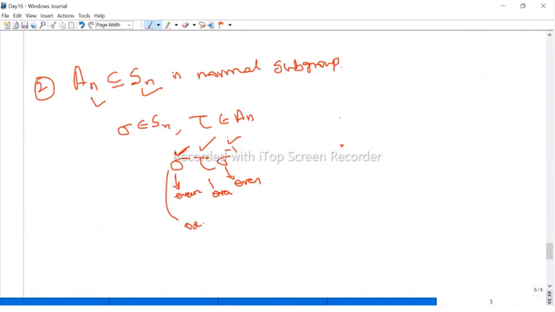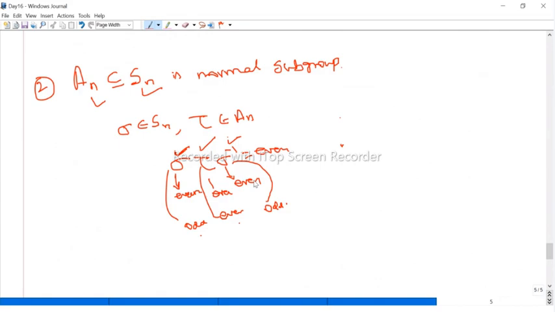Suppose sigma is odd, but tau is always even because we take it from A n. Sigma inverse is also odd, so we get an even number of transpositions. In that case also the product is an even permutation. Therefore A n is always a normal subgroup of S n.